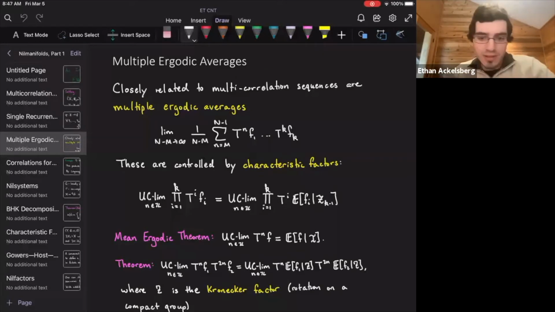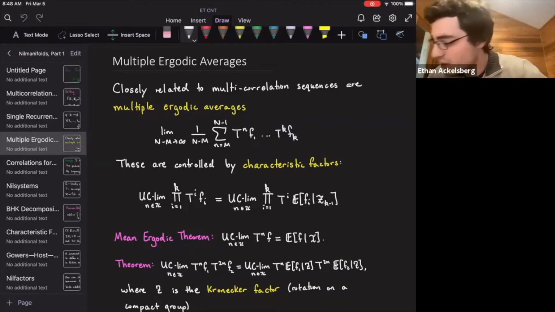So these are other natural things to study if you want to understand arithmetic progressions or more general combinatorial configurations. So we want to understand the limiting behavior of this product of functions, and I'm missing an n, I think. Okay.